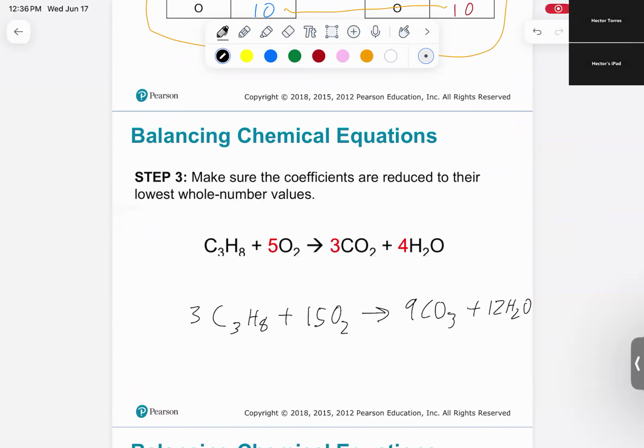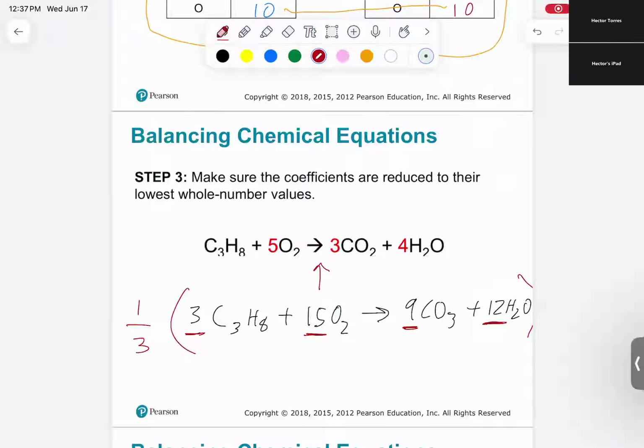Just because I got a little off and I tried different numbers. As you can see, these ones could be lower. I could just divide everything by 3, and it would get me to these numbers.